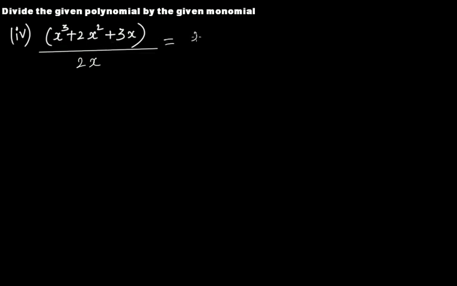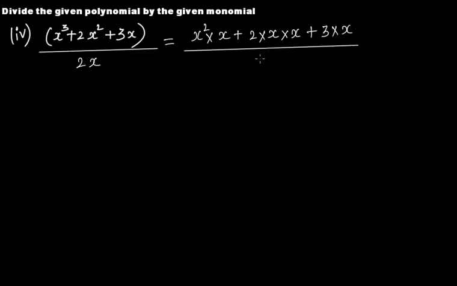write this as x squared multiplied by x plus 2 multiplied by x multiplied by x plus 3 multiplied by x. This can be written in this form, and this is 2 multiplied by x. Now this x is common in these three terms. Take it out.